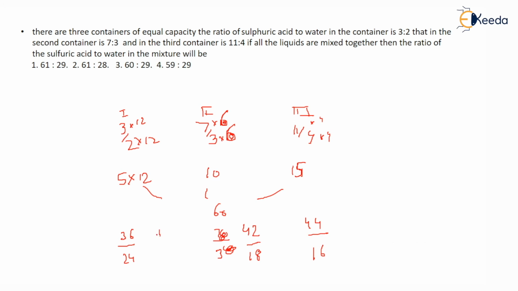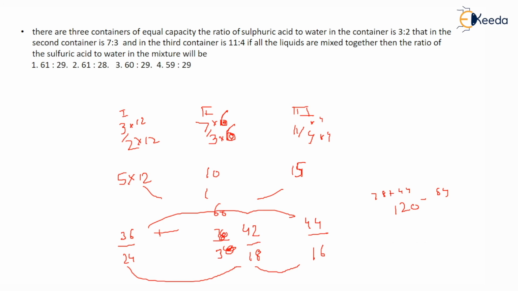So you can now add sulfuric acid. Above is sulfuric acid and below is water. So 36 plus 42 comes out to be 78, 78 plus 44 comes out to be 122 liters of sulfuric acid.